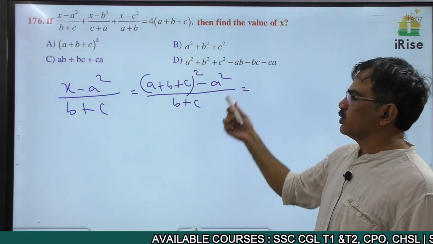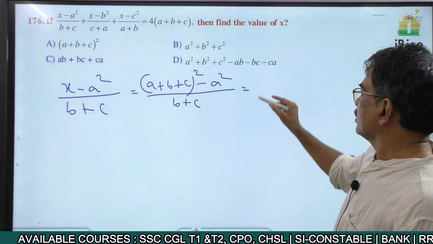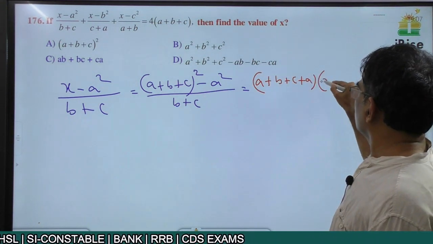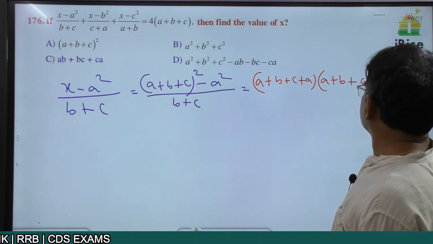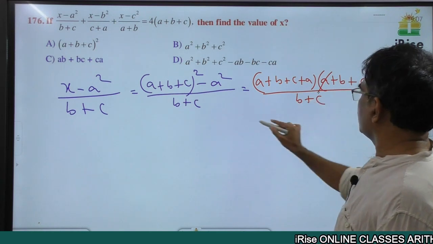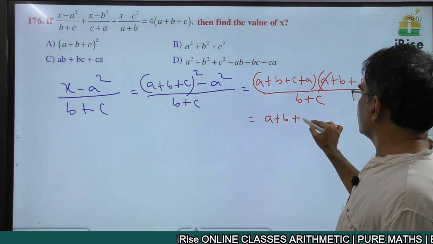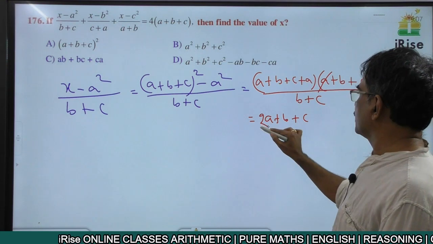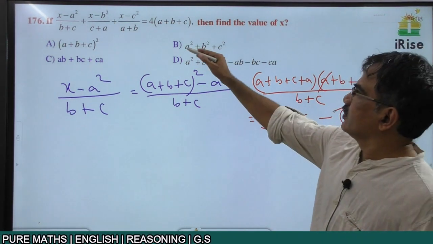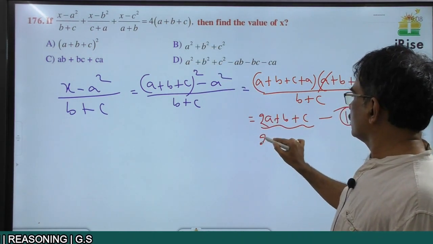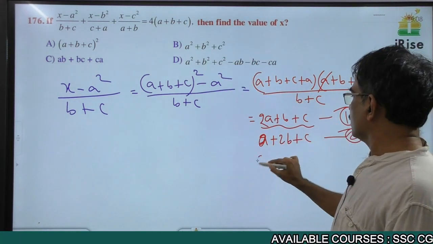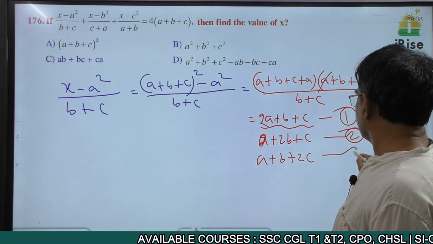This is in the form of a square minus b square, (a plus b) into (a minus b): (a plus b plus c plus a) into (a plus b plus c minus a) by (b plus c). Here b plus c cancel, you get a plus b plus c plus a, which means 2a plus b plus c. This is the first part. Similarly, if you solve the second part, we get a plus 2b plus c. Third part, a plus b plus 2c.